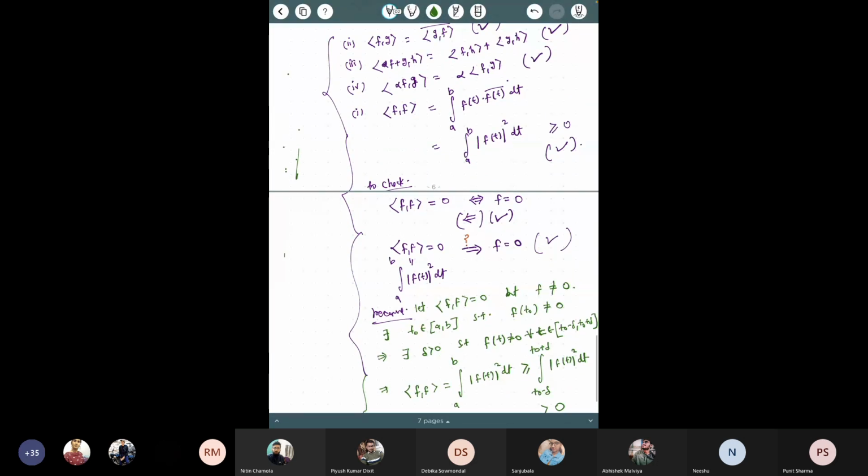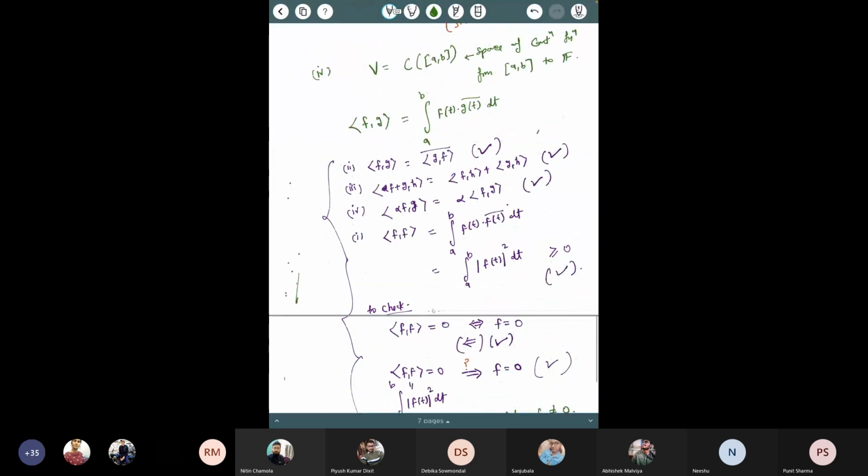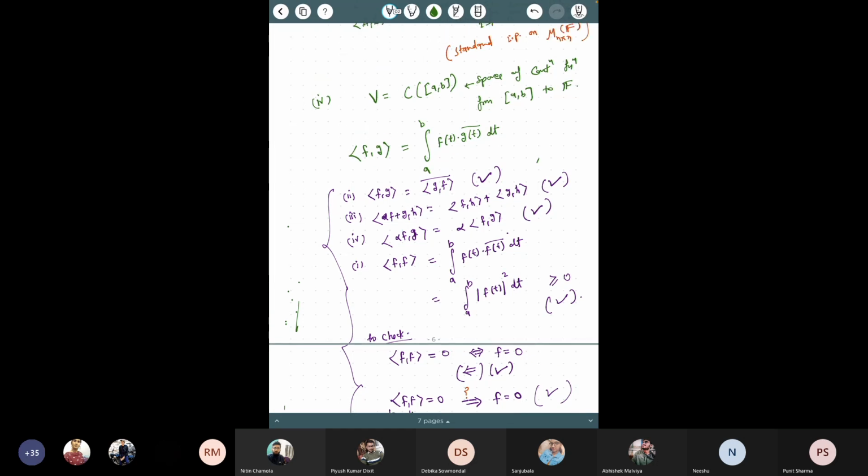So you gave this example f(x) = x from -1 to 1. This integral is 0, but the function is not 0. This is what you are saying, right? Yes, sir. Then I agree. So you just change this.